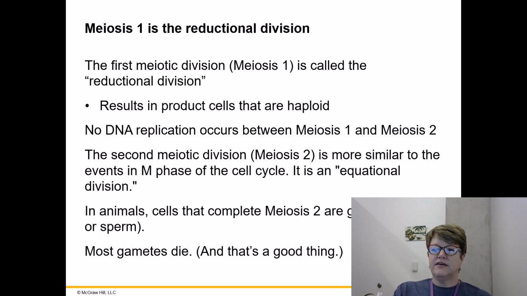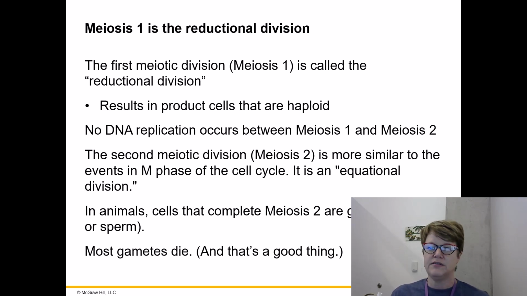So the products of meiosis are gametes, and then most gametes die. I wrote this down because I want students to think about this. In the world, most gametes do not get fertilized, and Professor Bittner is very glad about that. That's true in any organism. Most gametes do not go on to that fertilization step. I mean, think about it.